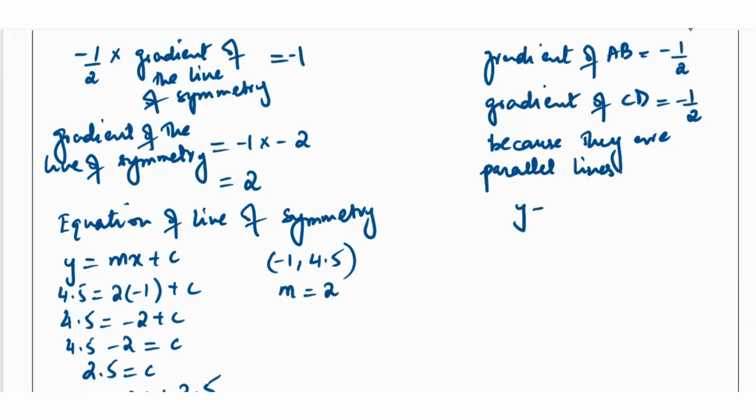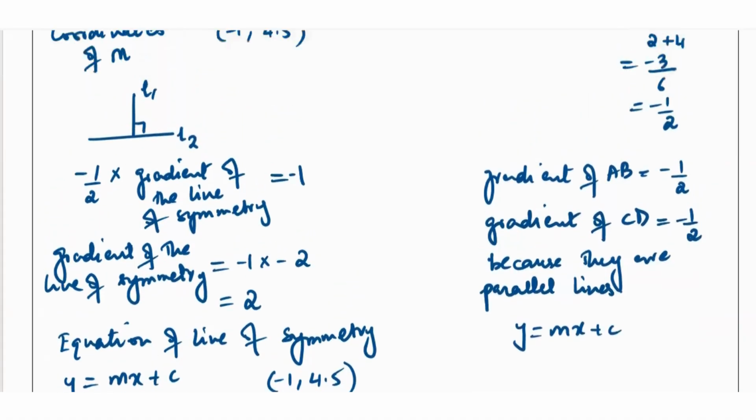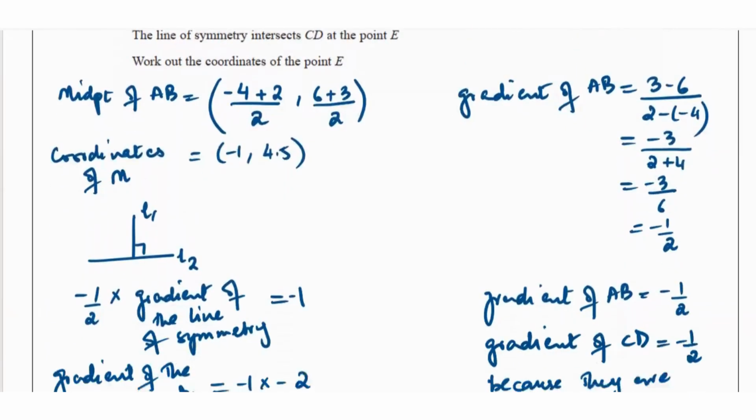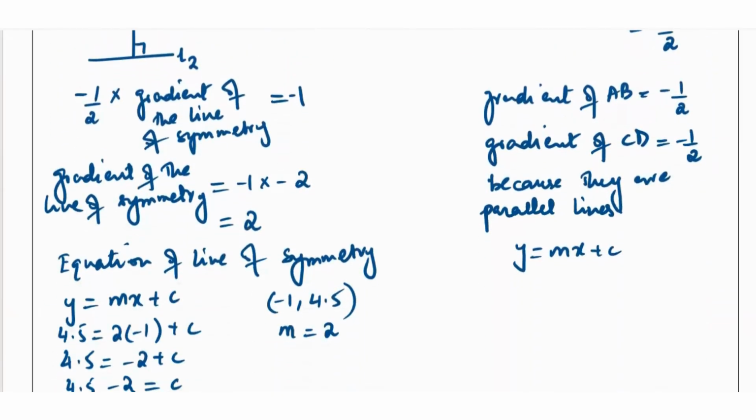Now again, y equals mx plus c. Point D has the coordinates of -1 and 8. And the gradient is -1/2. We substitute this into the equation to find the value of c.